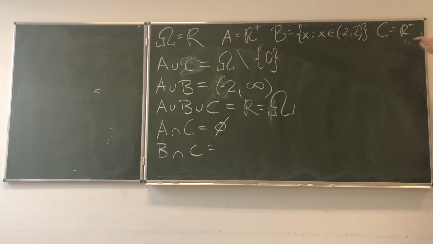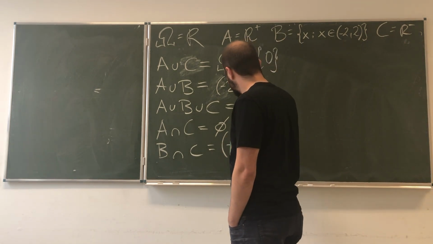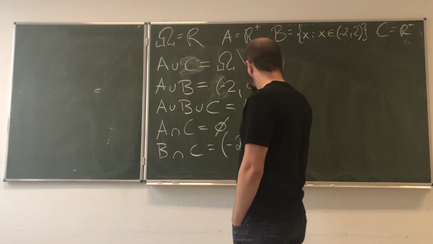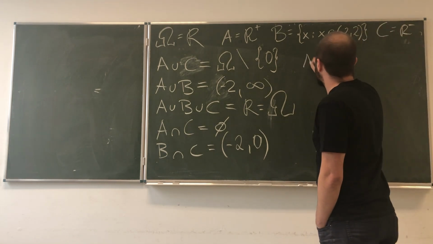Those numbers start with negative infinity and end up just before 0. So here we could write that the common part is the part from -2 to 0, excluding both.